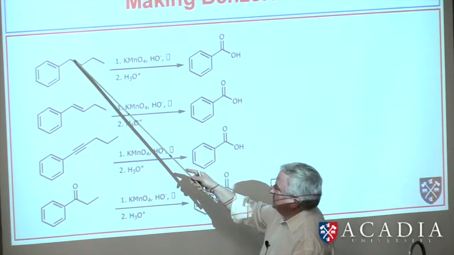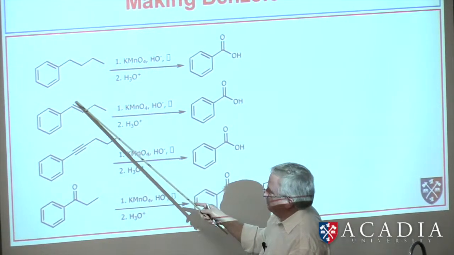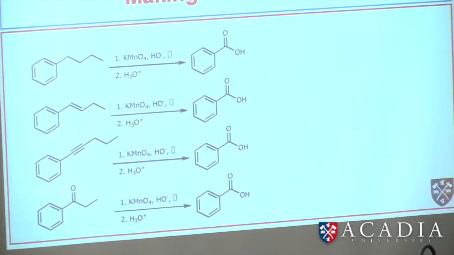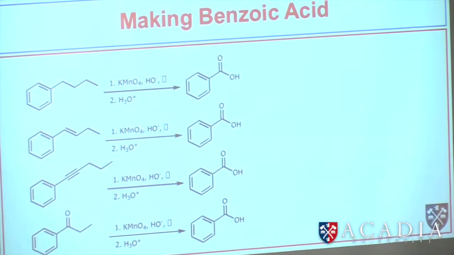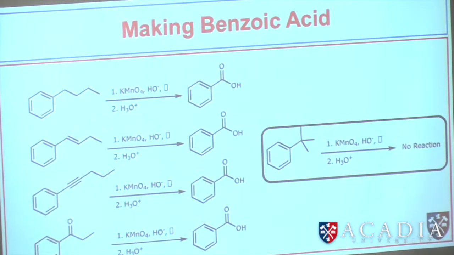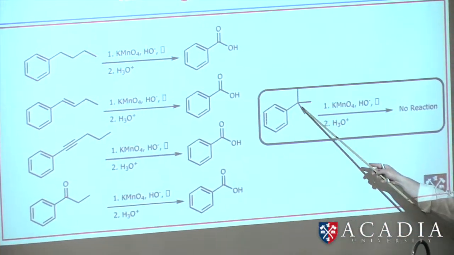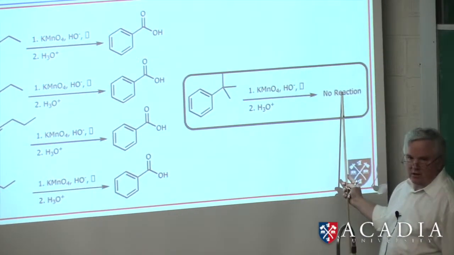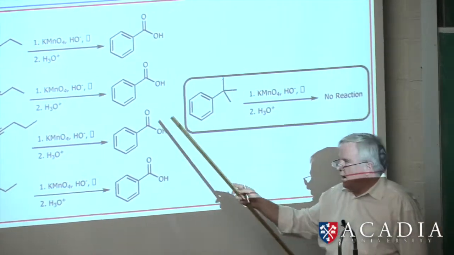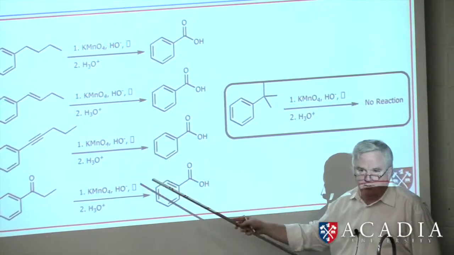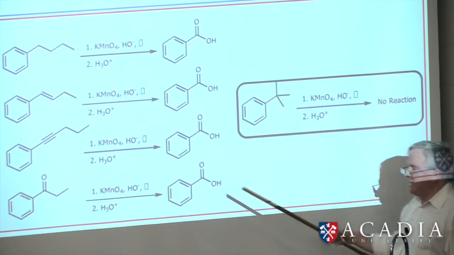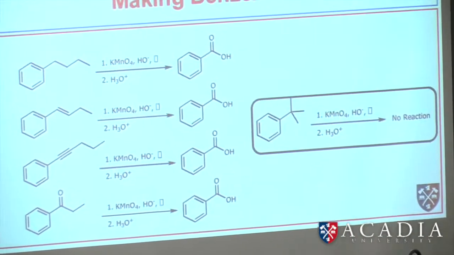We need either benzylic hydrogen or pi system, and we can do these oxidations. If we block that system completely, there's no benzylic hydrogen and it's sp3 hybridized, this reaction doesn't occur, okay? But we don't need a lot. All we need is a little bit of a handle to get that oxidation to occur.